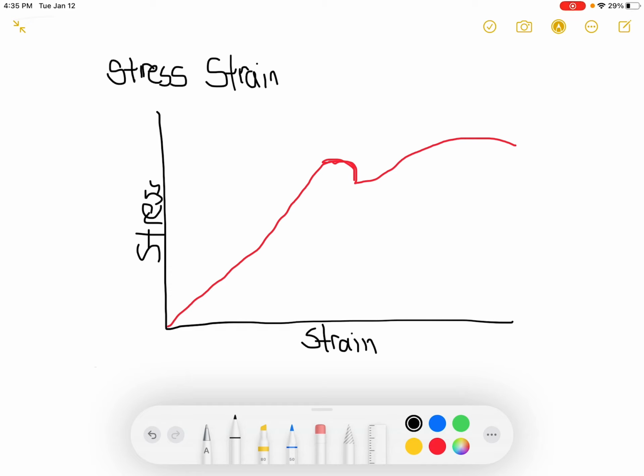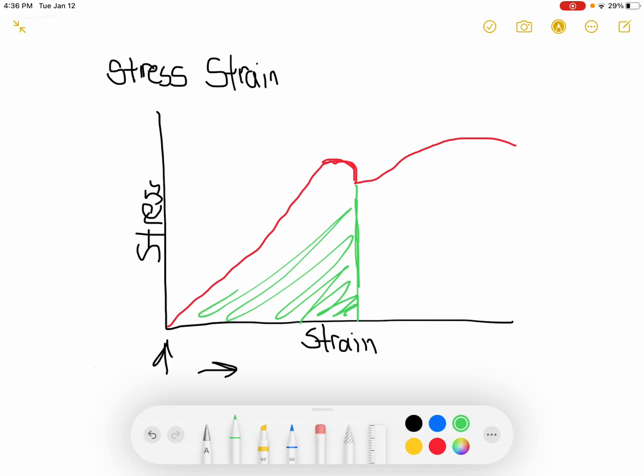Now, you can see the graph is moving first in an up direction and then a right direction. The section where it's going pretty much just up is called the elastic deformation.